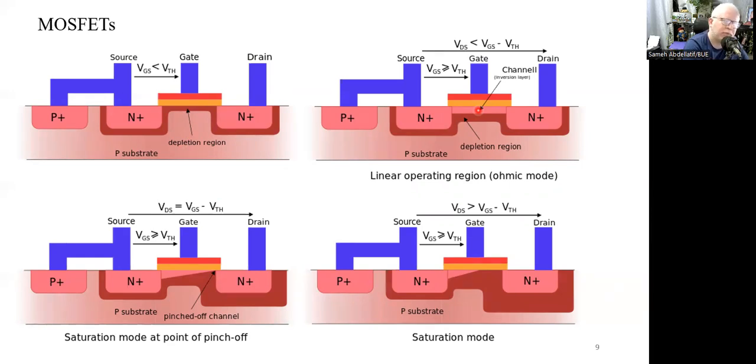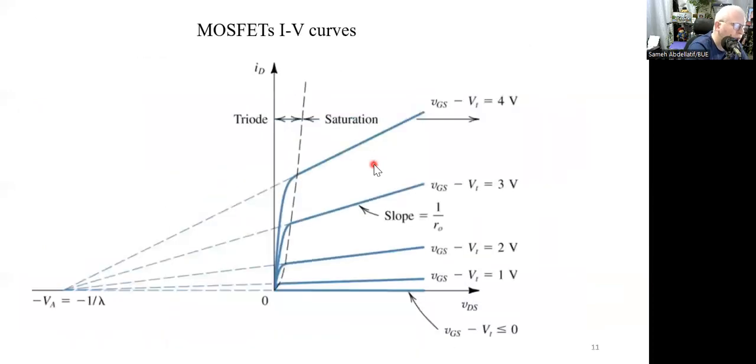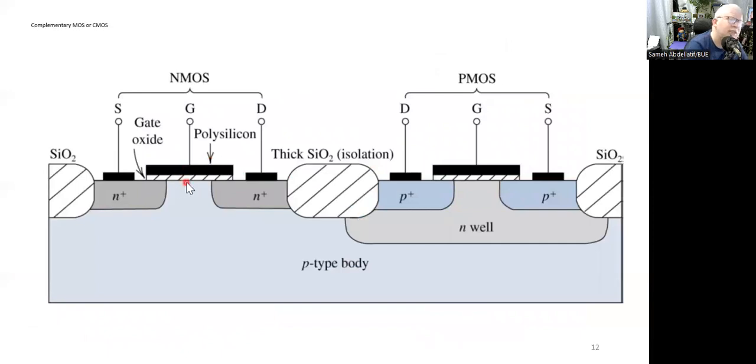Here, increasing the conductivity simply means increasing the number of electrons, because this channel is created when you add a positive charge here and you collect electrons. So if you suddenly, from an outside source, increase the number of electrons here, you increase the conductivity of the channel, and that obviously means you increase the current. But the problem is how to reach this channel? The channel is hidden under the gate metal electrode and the gate oxide.